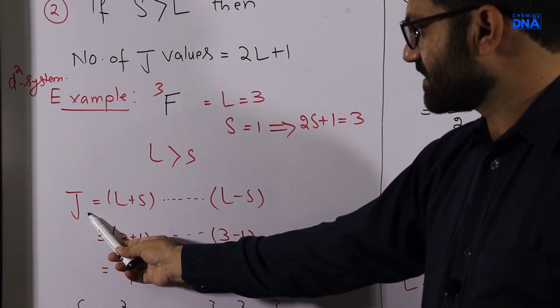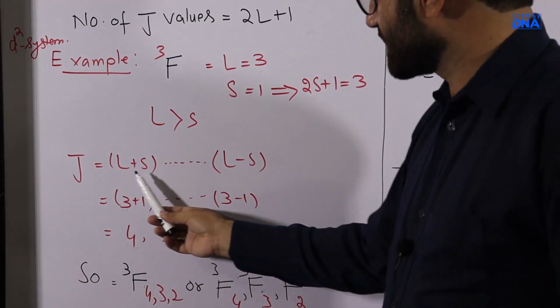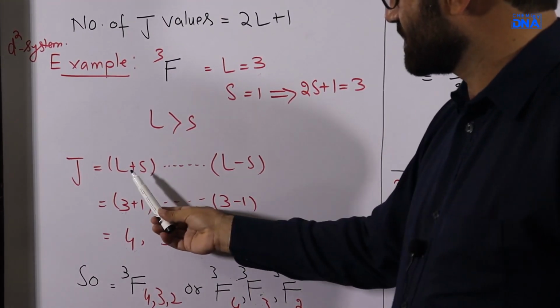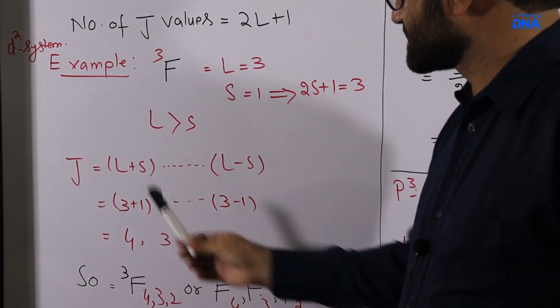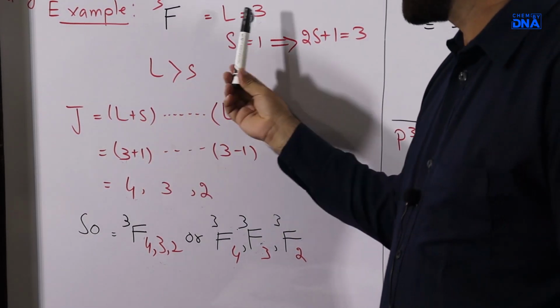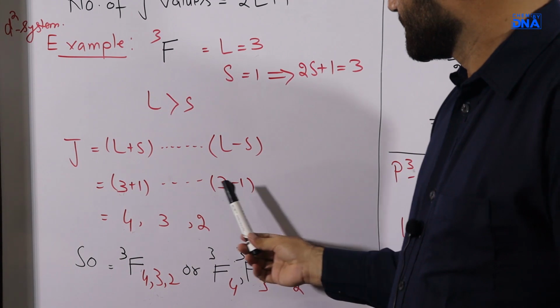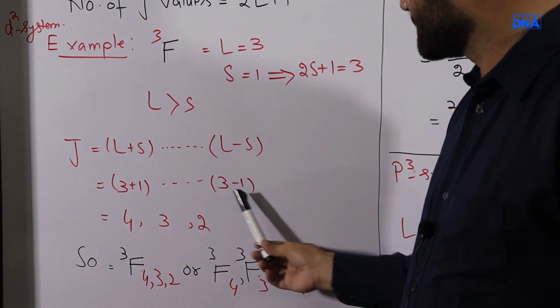Similarly, from the Russell-Saunders coupling scheme, the J values can be calculated with the help of this formula, that is L plus S up to L minus S. Here place the L value which is 3 and the S value which is 1, and here we get 3 minus 1.